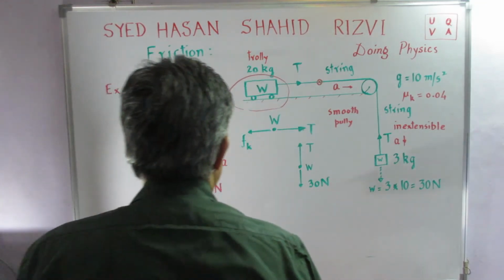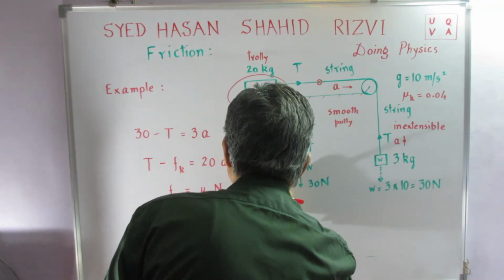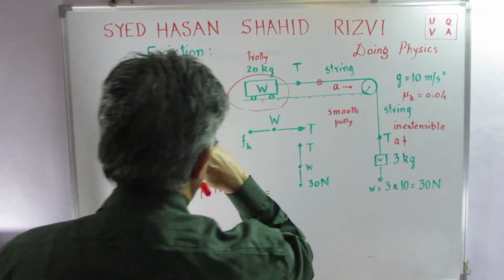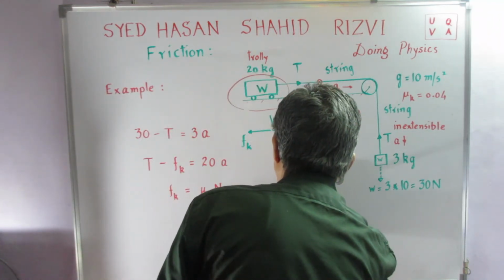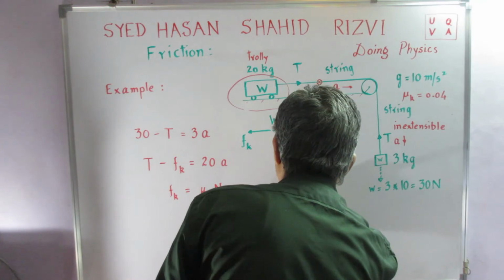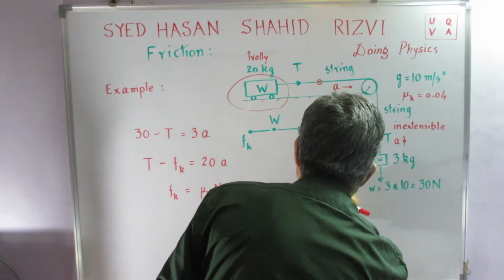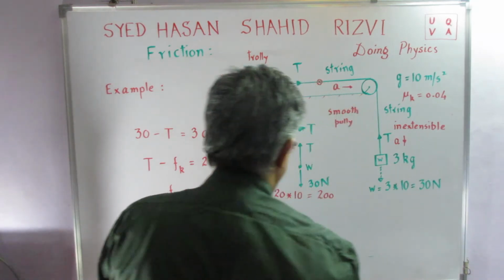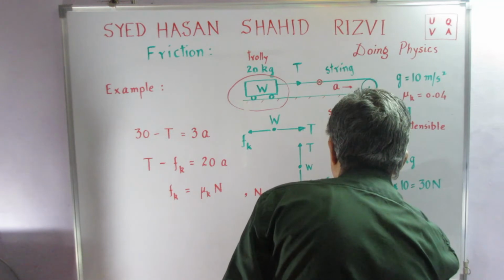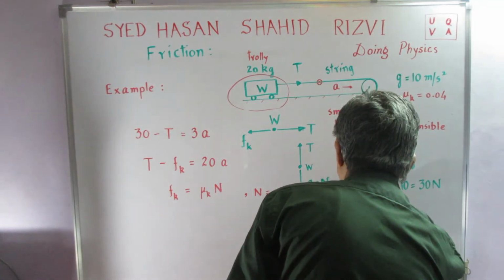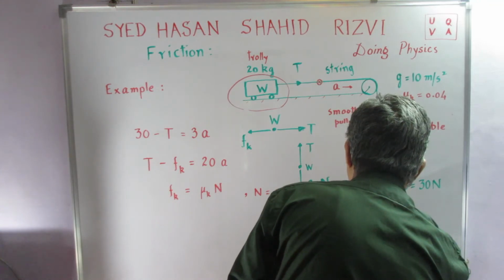Of course, N is equal to what? Here N is equal to 20 into g. So 20 into 10 is equal to 200 newtons, but because I'm writing N over here, I will write this newtons.